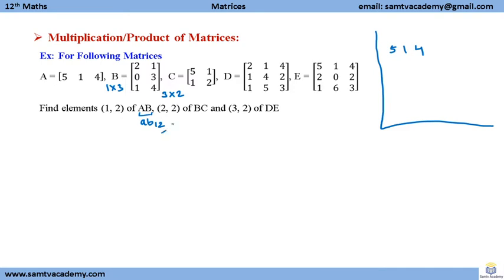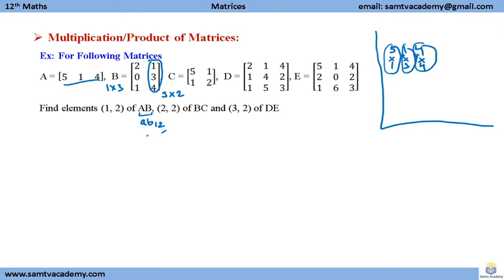Second column of B. This is A's first row and this is B's second column, that is 1 3 4. You have to multiply each respective element and then add all these products.